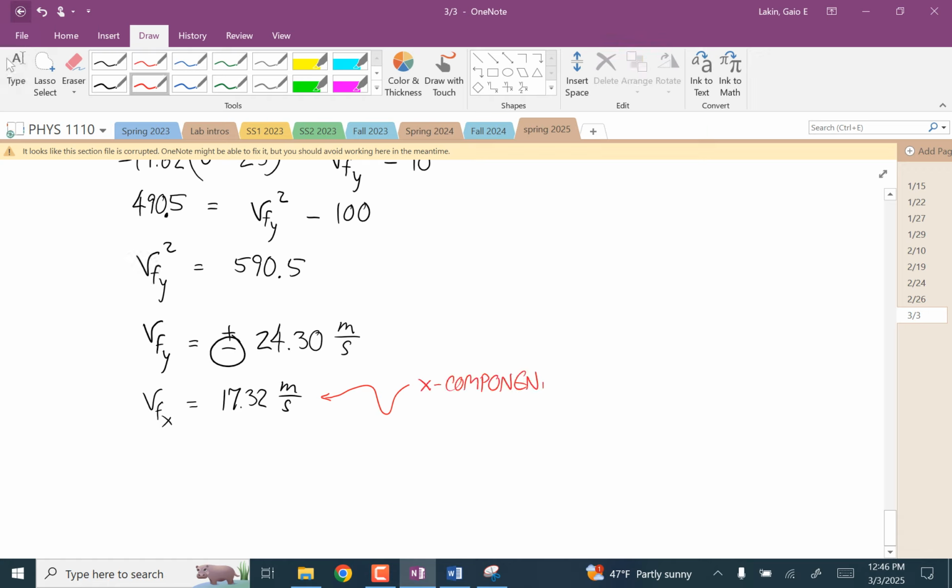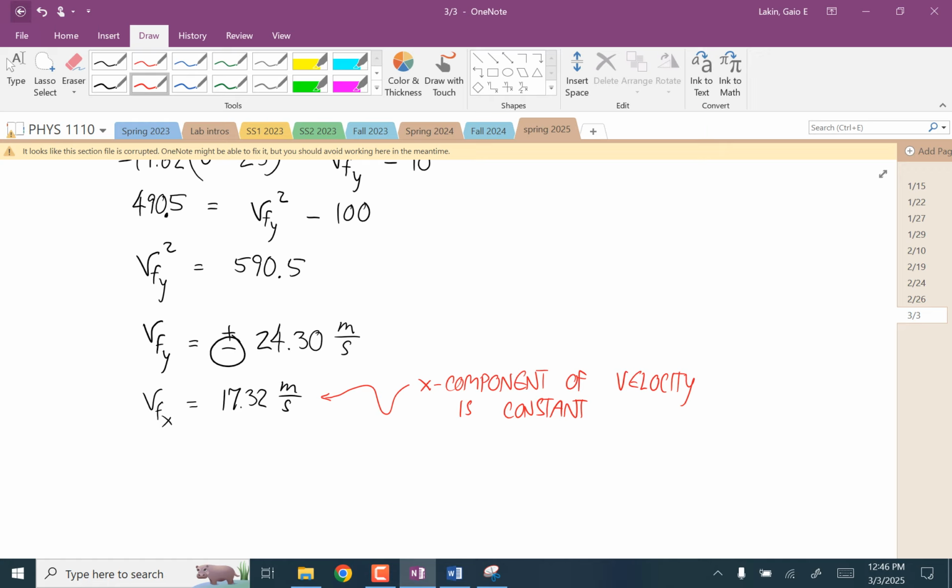That's because the x component of the velocity is constant. Right. So in any free fall or projectile motion problem, the x component of the velocity stays the same.